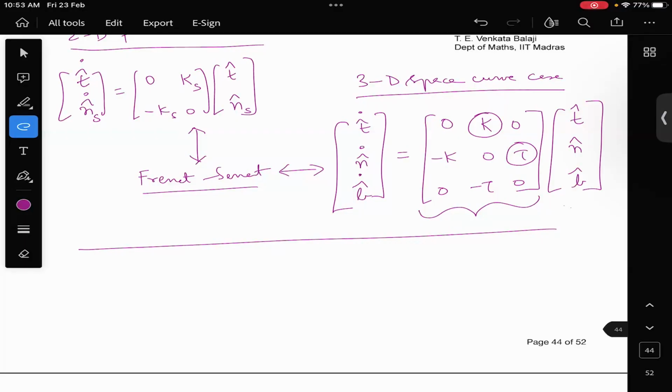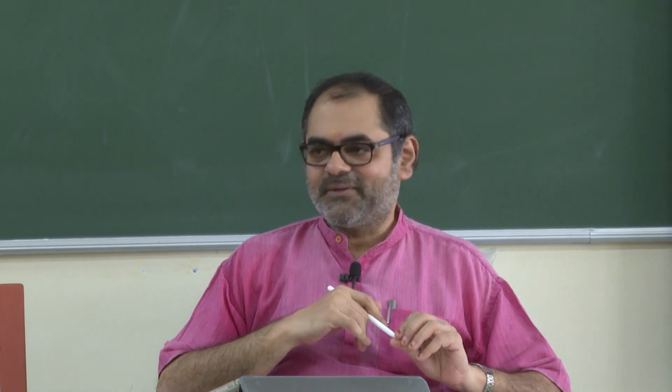Here comes a very interesting thing. The instantaneous change in the binormal happens in the direction of the principal normal. That is the interesting thing. This is because of the math that is involved, essential calculus. So let me explain this.